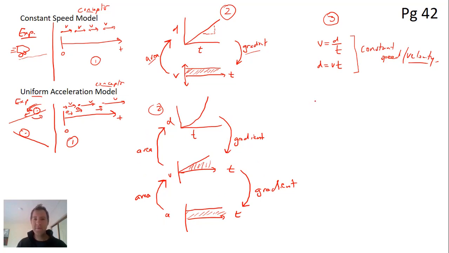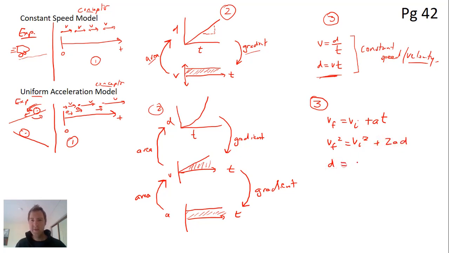The third way you've got to describe uniform acceleration is equations. Now, this was up here as the equation for constant velocity. The equations for uniform acceleration are: velocity final is equal to velocity initial plus acceleration times time. We have velocity final squared equals velocity initial squared plus 2AD.